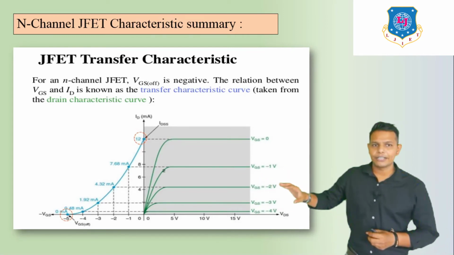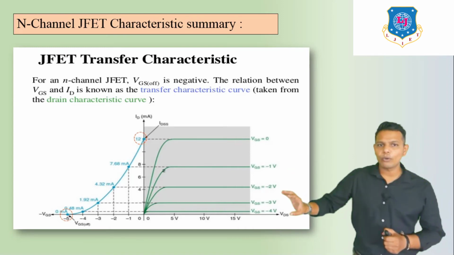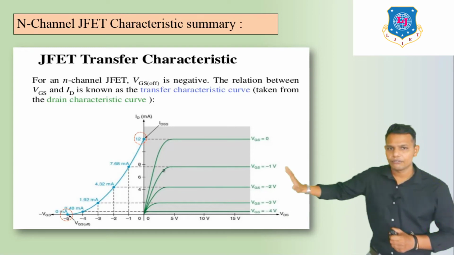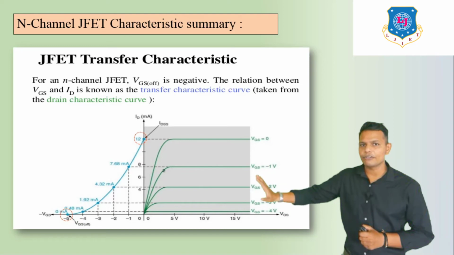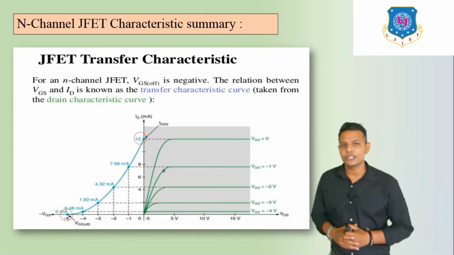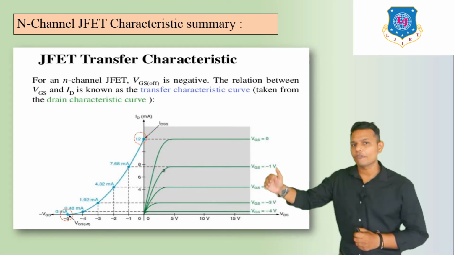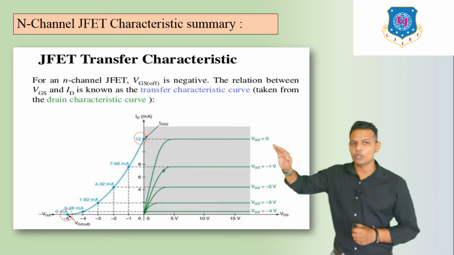Here the relationship between VGS and ID is known as the transfer characteristics curve. Here this is the drain characteristics, or output characteristics, of N-channel JFET, which we have plotted already. Now first VGS is equal to 0.